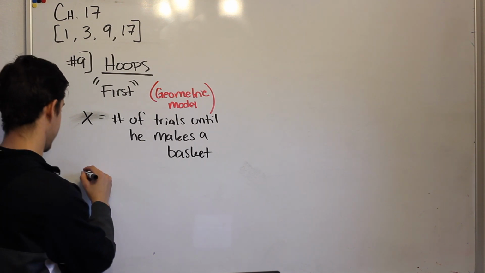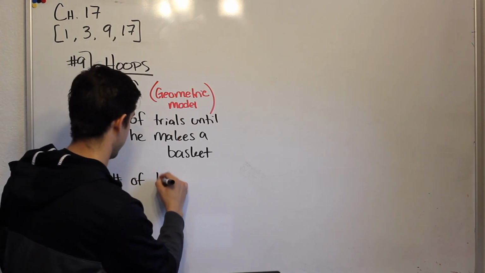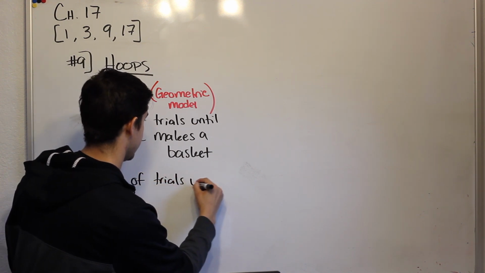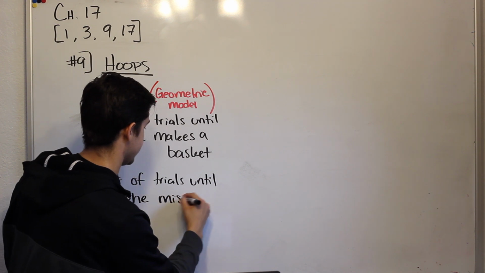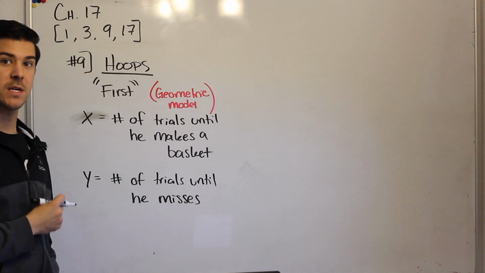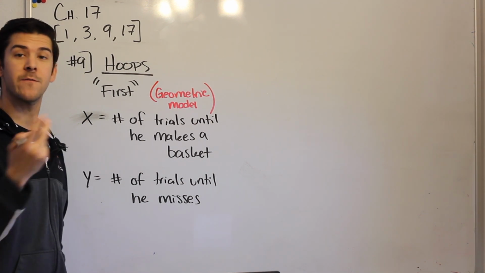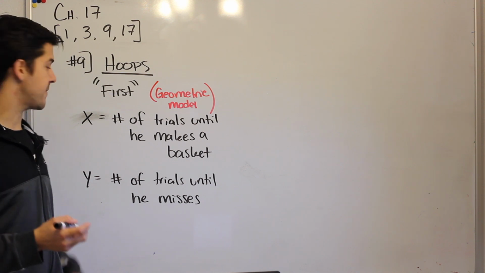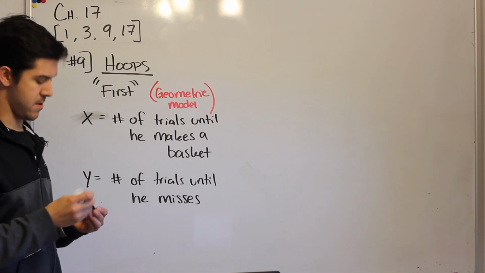And we'll also define another variable, Y, which equals the number of shots, or the number of trials, until he misses. We need to define these 2 because the problem asks for the first time he misses and also the first time he makes it. Because of that, we can't actually use X for both of them, and you'll see why.